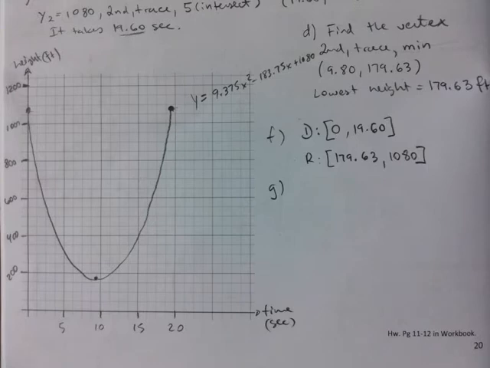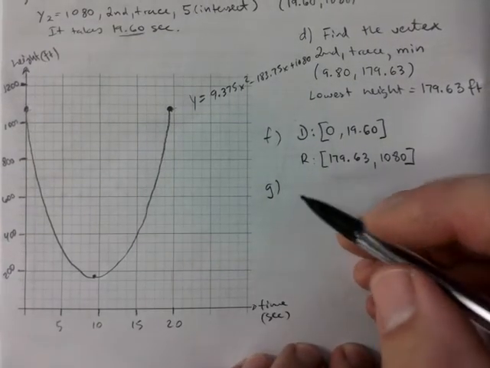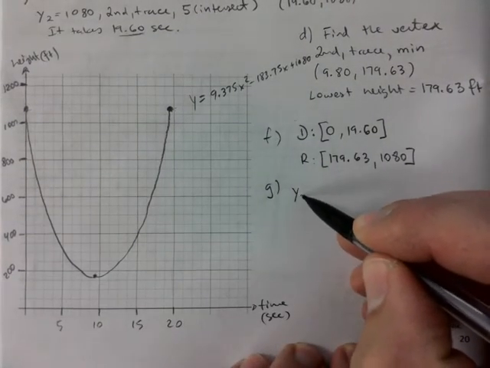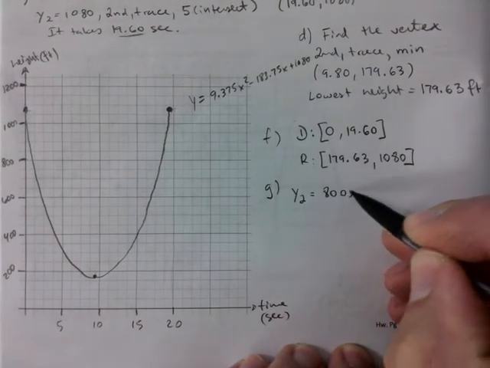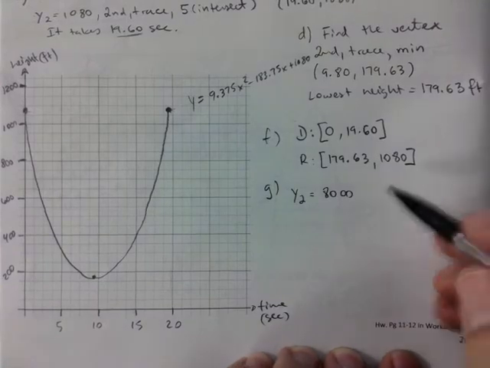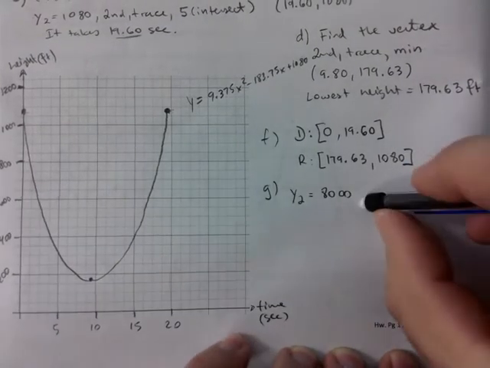And G, how long was the plane at or above 800 feet? I think you remember something like this before, right? You need to make y2 equal to 800. Nope, 8,000. 800, sorry.